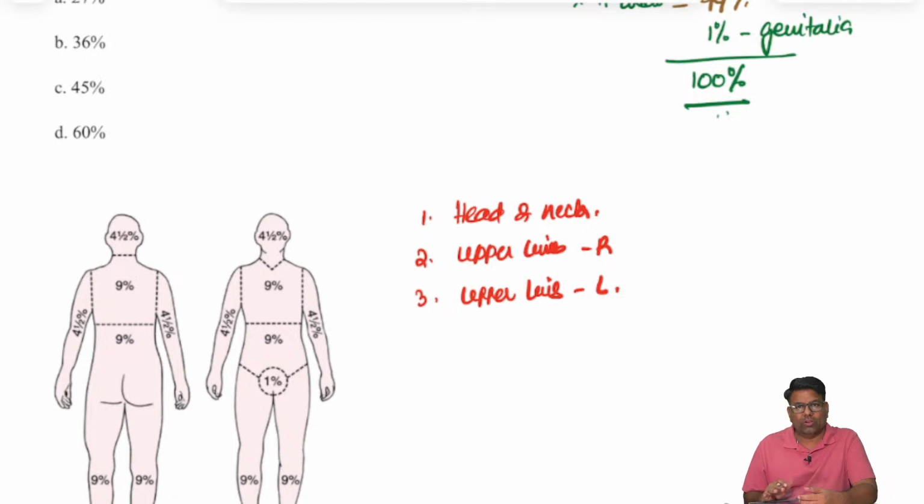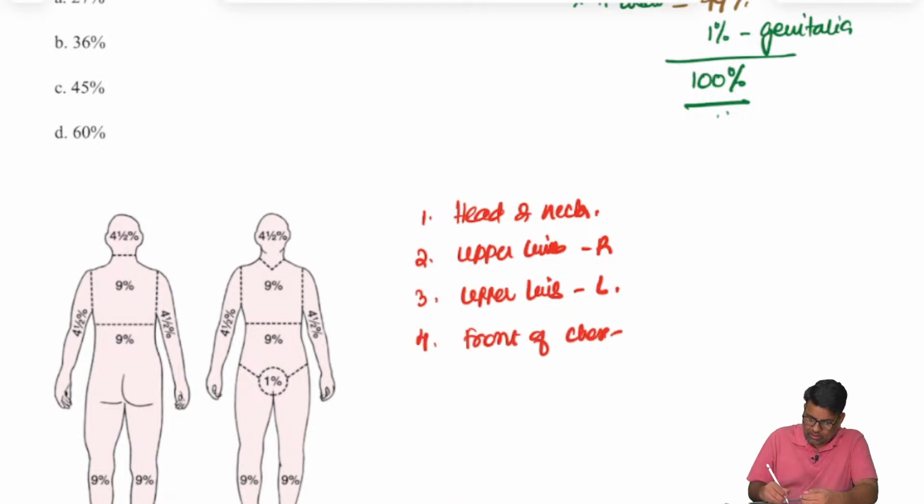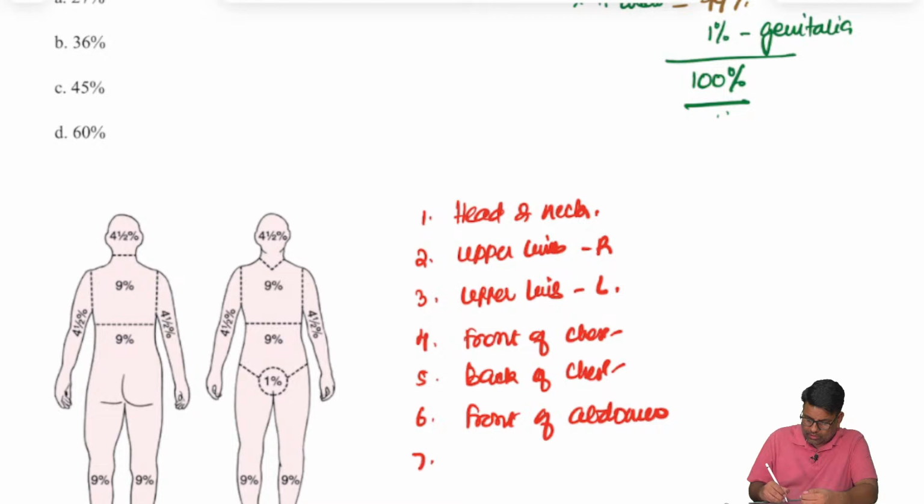So these are also allotted 9% each. Then fourth is the front of chest. Fifth is back of chest, right? Sixth is front of abdomen. Seventh is back of abdomen. Clear? So these are 7.